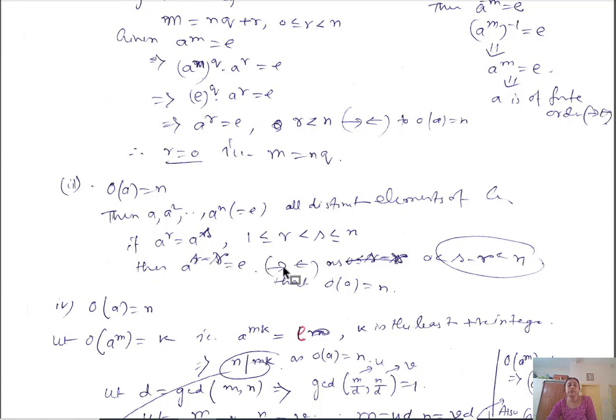This gives a contradiction, because s minus r lies between 0 and n, so it is less than n. So if two different exponents give equal elements, you get a contradiction to the order of a being n.